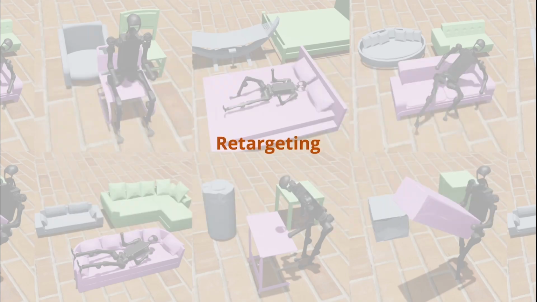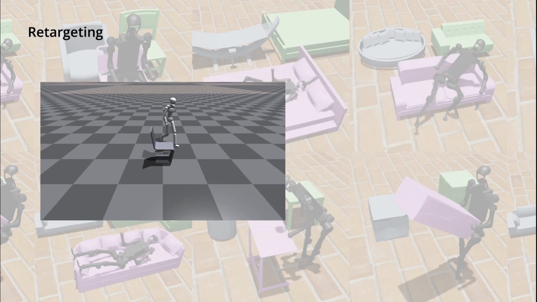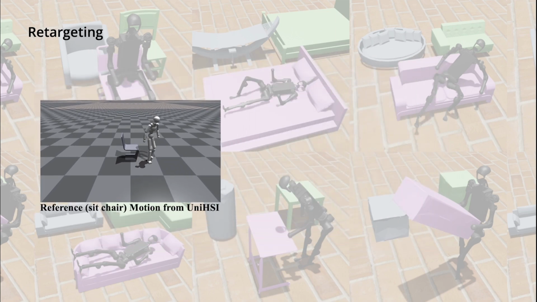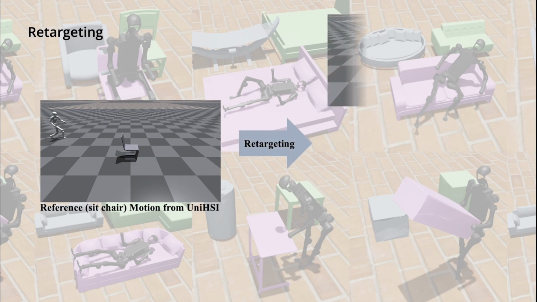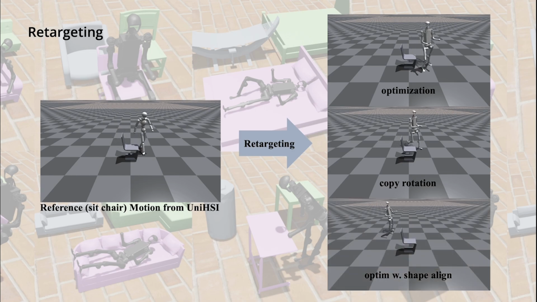To connect human skill references with humanoid animations, the motion retargeting module transfers motions from a human skeleton to a humanoid skeleton. These methods can be categorized into 3 types: optimization, copy rotation, and optimization with skeleton shape alignment. Optimization aims to accurately recover joint positions, tolerating some loss in joint angle fidelity.